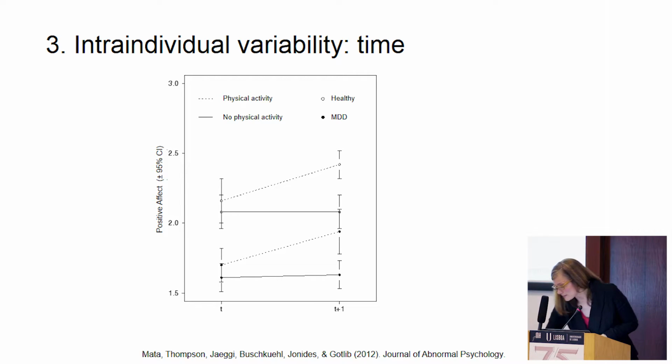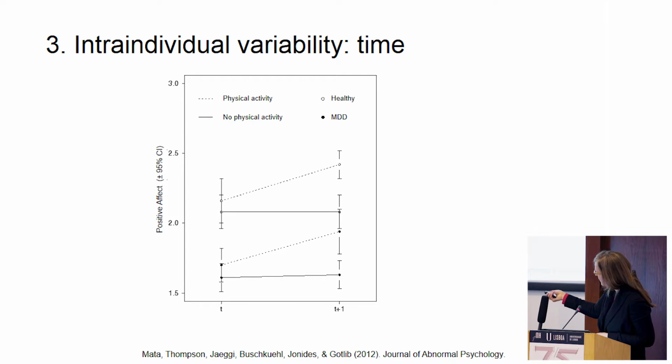So what you see here is, let me start this again, this is more complex. Okay, this is time point T, and this is time point T plus 1, right? So this is the next beep. And what you see here, the dotted lines, is when they had reported being physically active at T plus 1, but they hadn't been physically active at T. The straight line, the continuous line, is when they reported not being physically active at T or at T plus 1.